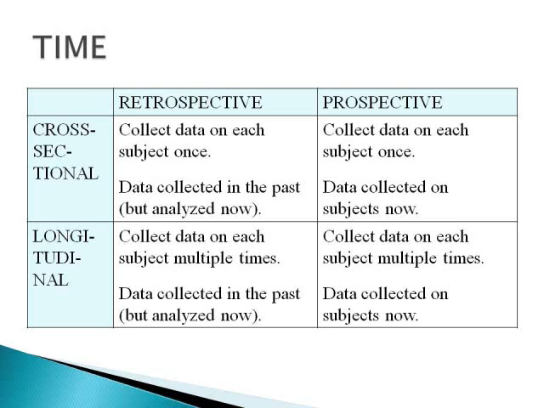The second one is retrospective and longitudinal. Again, we're looking in the past. Data was collected in the past, but it was collected at multiple points in time on each individual that you've identified as being in the study. This might be going back and looking at the hospital records of people who went in for an appendectomy.